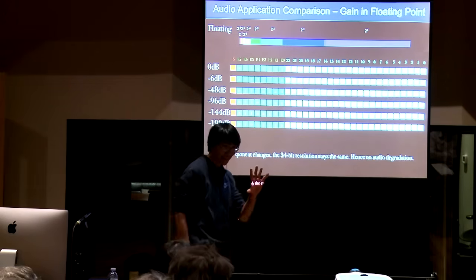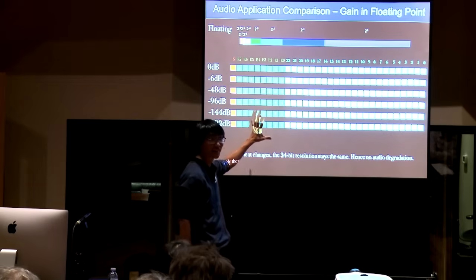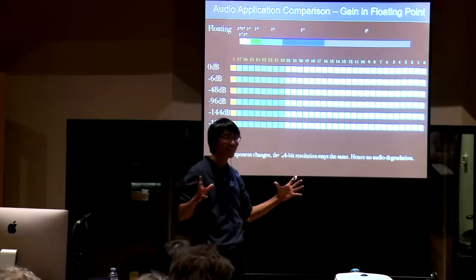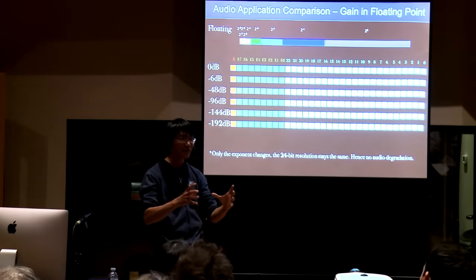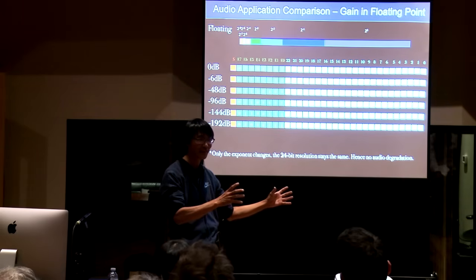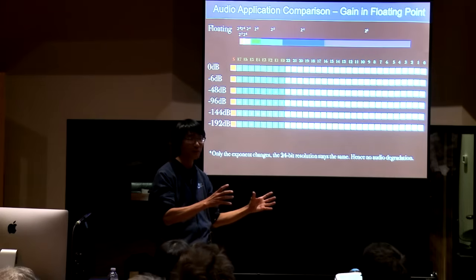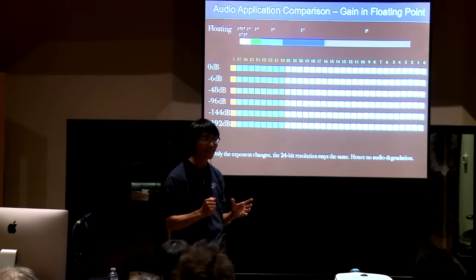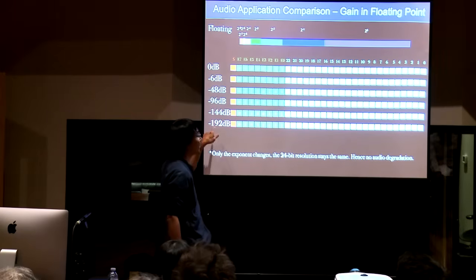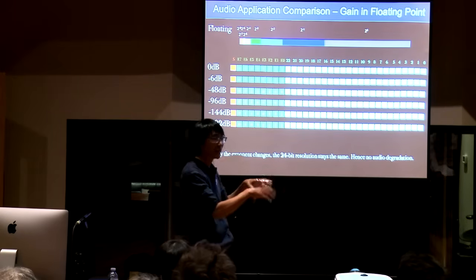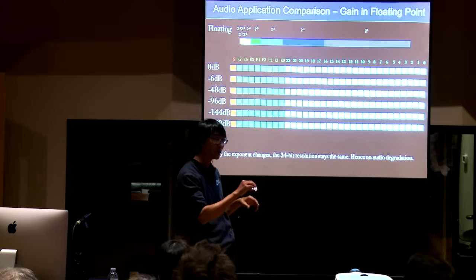I use an analogy, right? If you look at this, it's like a car with a very powerful engine, fastest in the world. But what do you need? You need a driver who knows how to drive. If somebody designed this system, I go minus 190 dB and then do some EQing, remember the signal is really small.